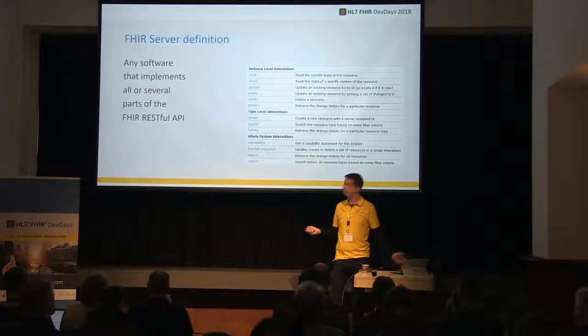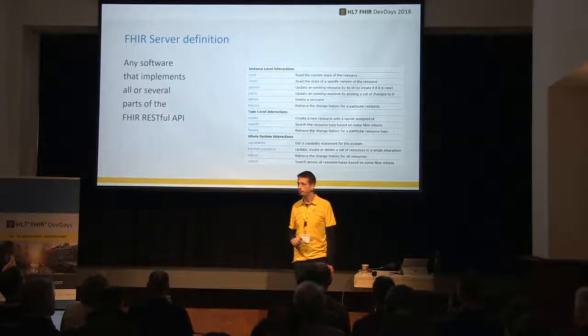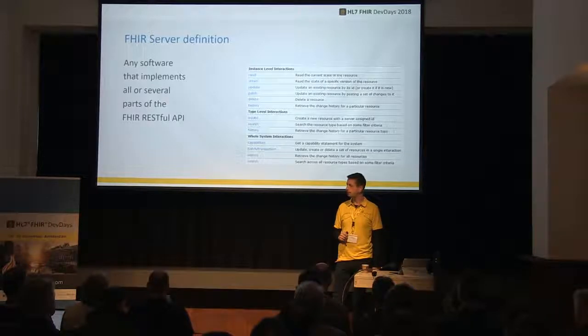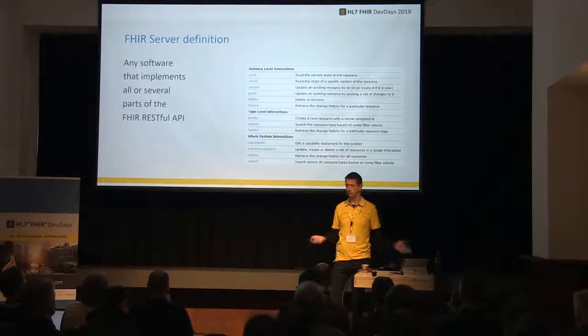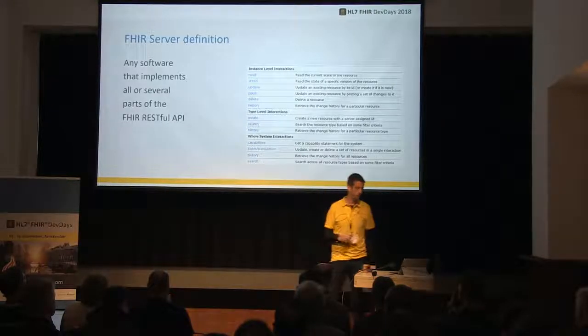It's any software that implements all or several parts of the FHIR RESTful API. And that all or several is key, because a FHIR server need not do very much to be a FHIR server. Essentially, if you can deliver an empty capability statement, you're a FHIR server. Not useful, but you're a FHIR server.